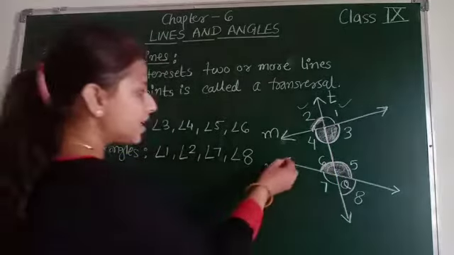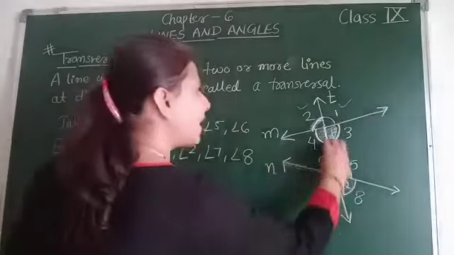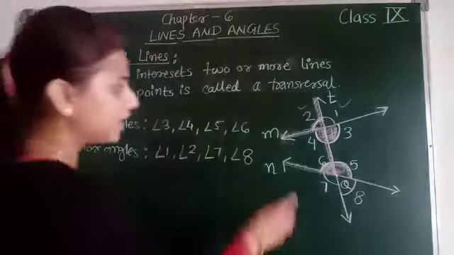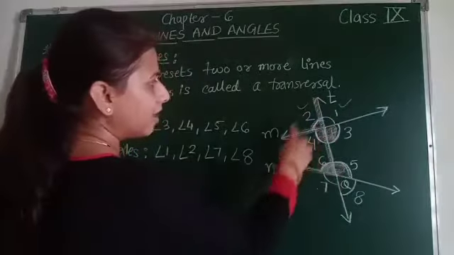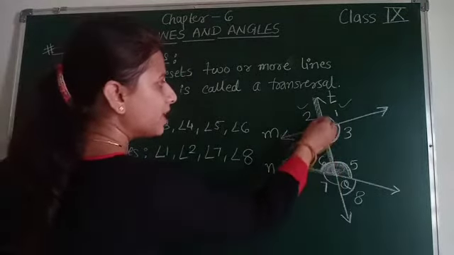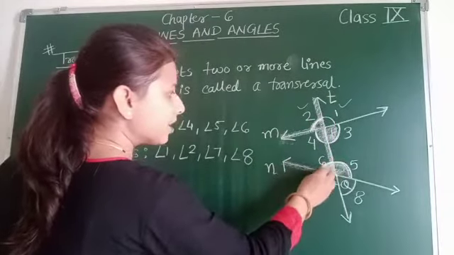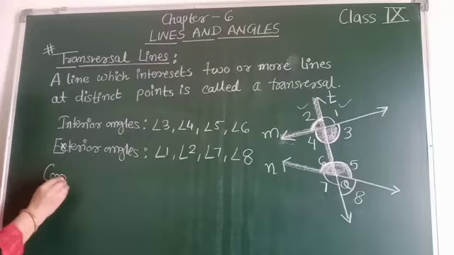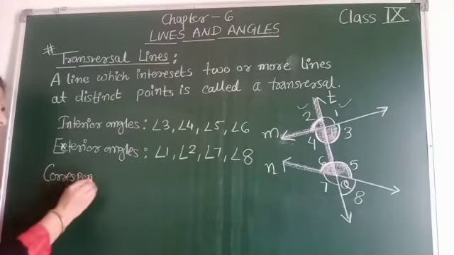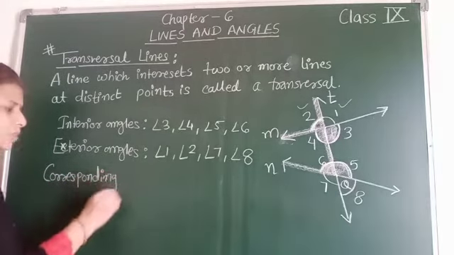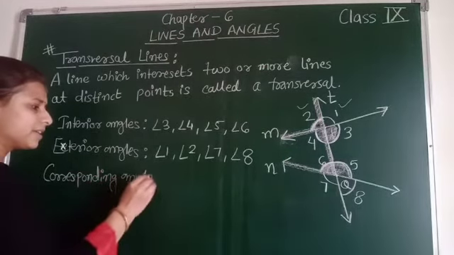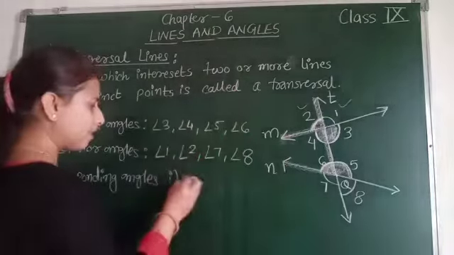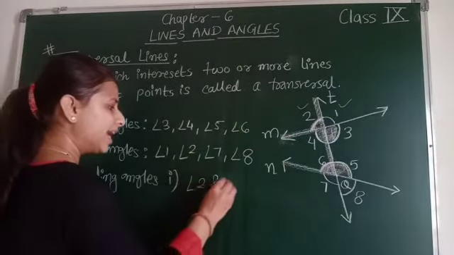And as you can see here, students, this alphabet F is forming here, as we learned in class 7th also. So these two angles, angle 2 and angle 6, are called your corresponding angles. So the first corresponding angles we get are angle 2 and angle 6.